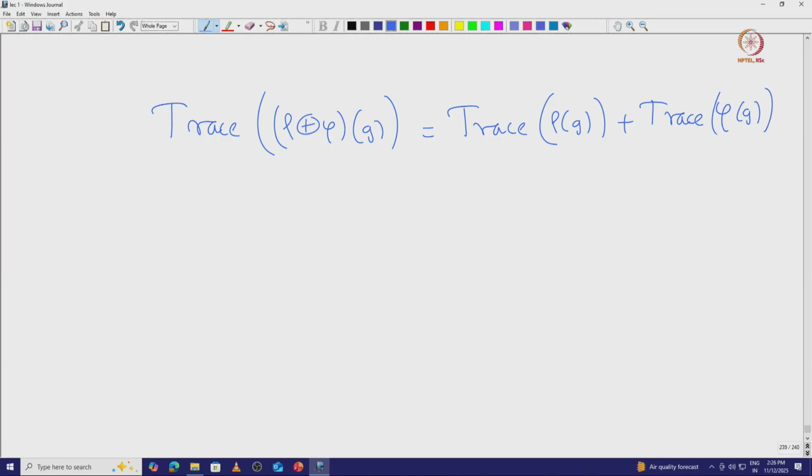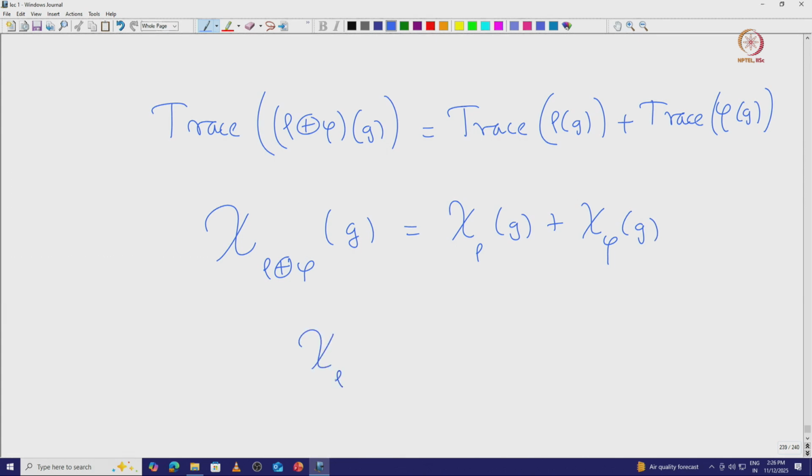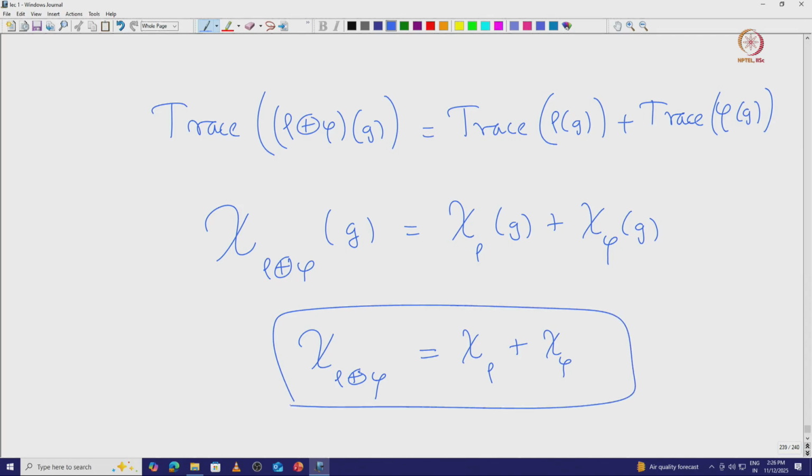So, the character value of rho direct sum phi on g is going to be chi rho of g plus chi phi of g. This proves that the function corresponding to the direct sum is nothing but the sum of the respective functions. This is an important observation.